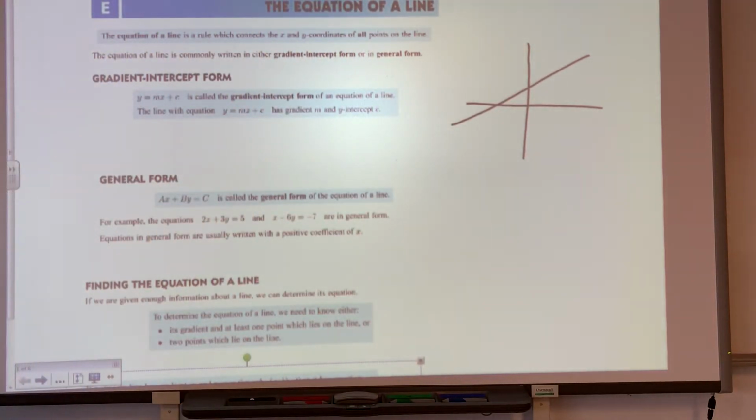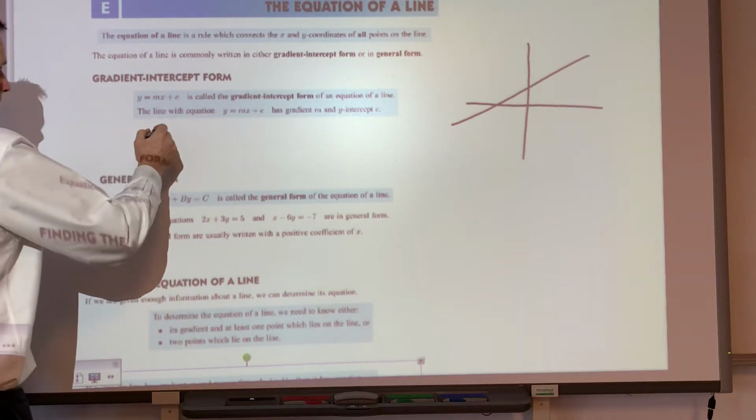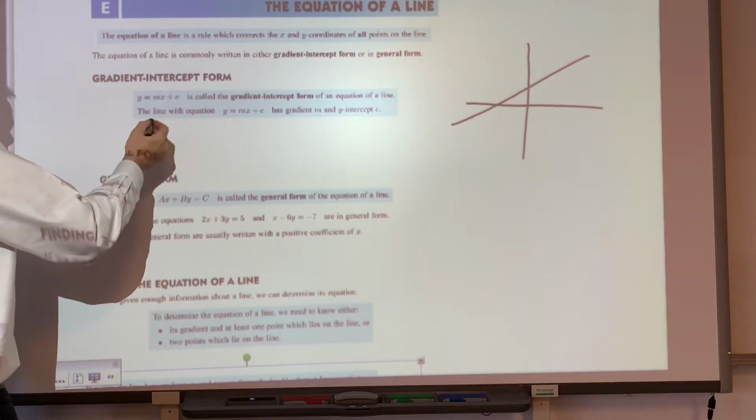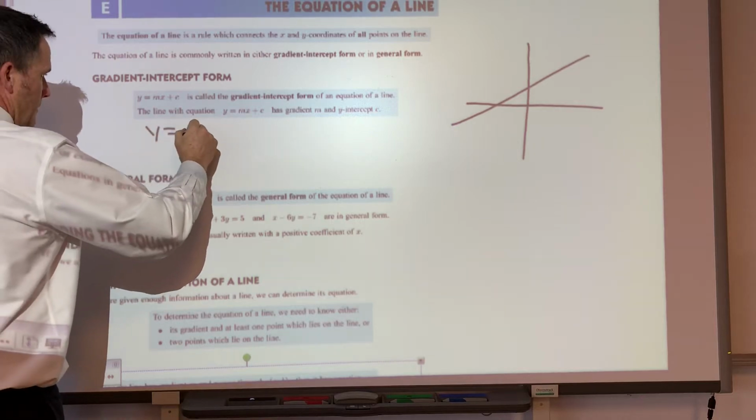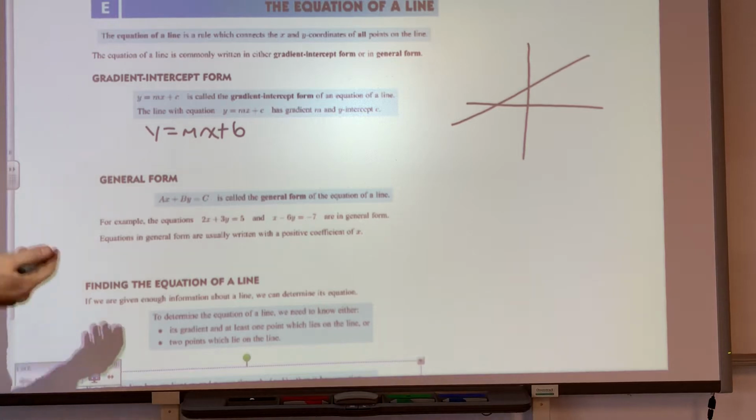The first one that they're calling the gradient intercept form, some of you may have heard it before, is called y equals mx plus b. That's typically what we use in Math 10. They're using it as mx plus c.